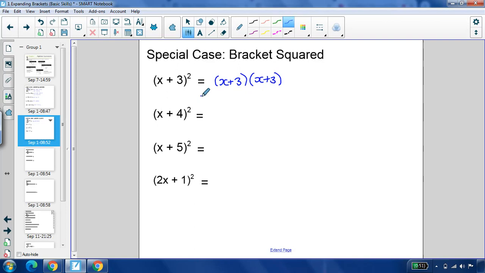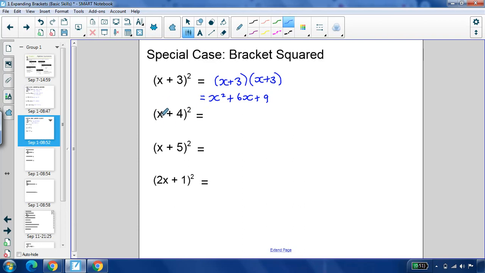And if I expand it out like before, I'm going to get x squared, a 3x and another 3x, that will make 6x, and then a plus 9. Now if you're not confident with going straight from here to here, that's absolutely fine, still work with the 2-step.